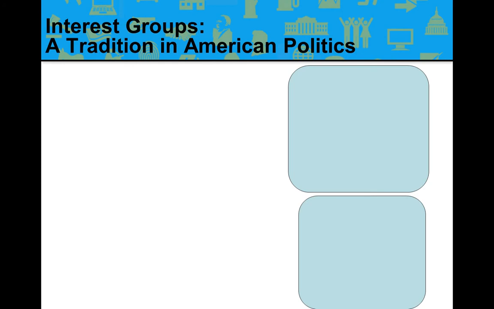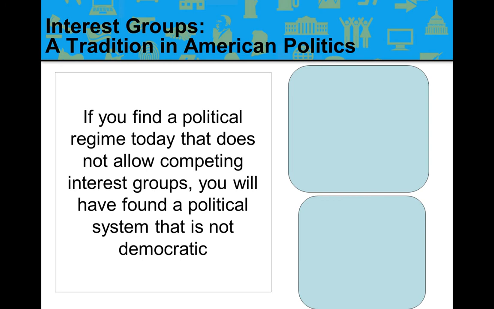All right. Interest groups have a long history and tradition in American politics. And if you find governments or different political regimes out there that don't allow competing interests, you're probably not looking at a democracy. So democracies have a history of having different groups coalesce to form interest groups.